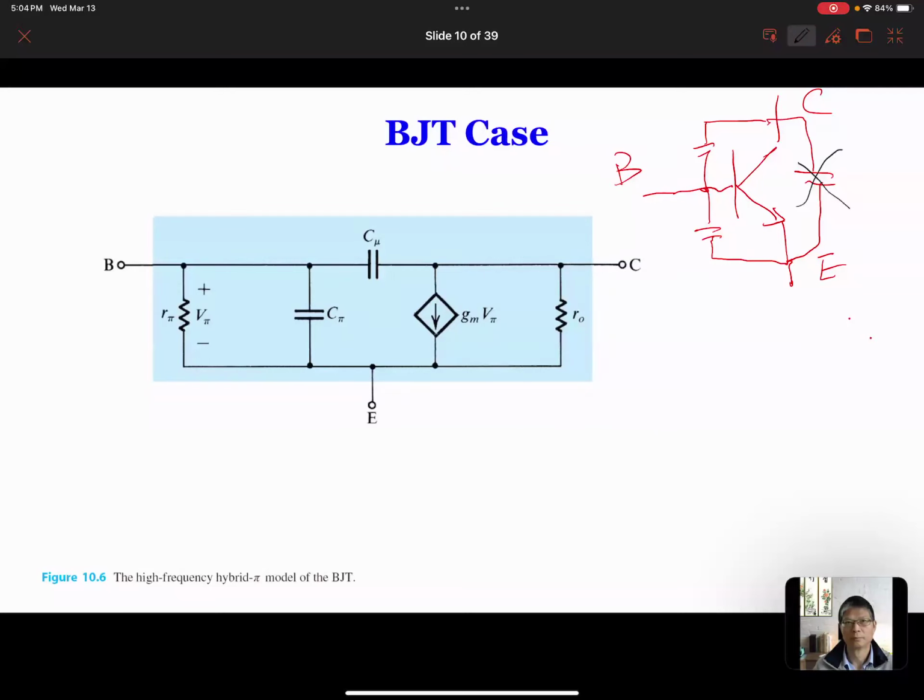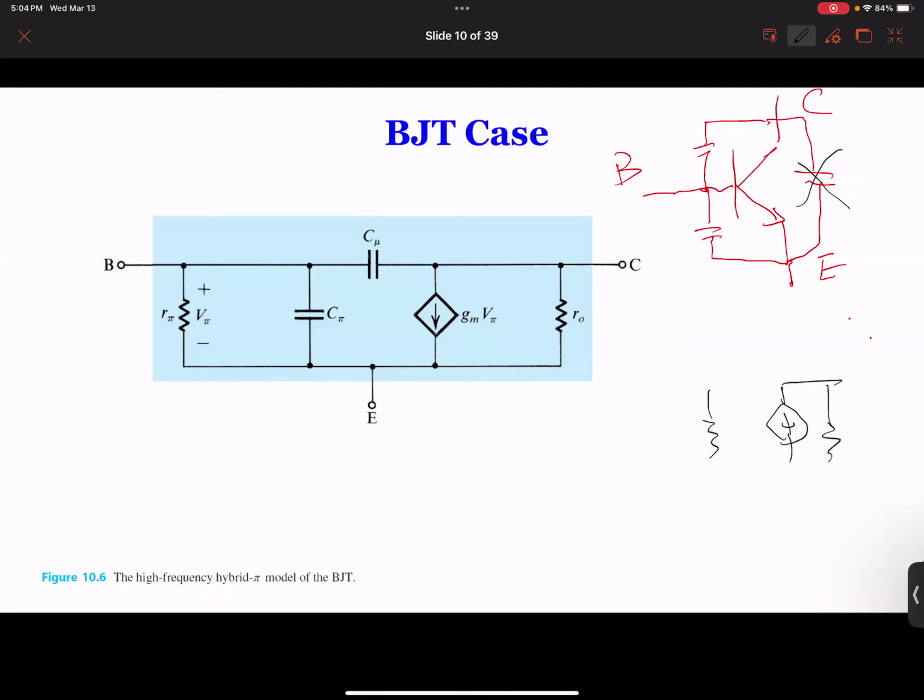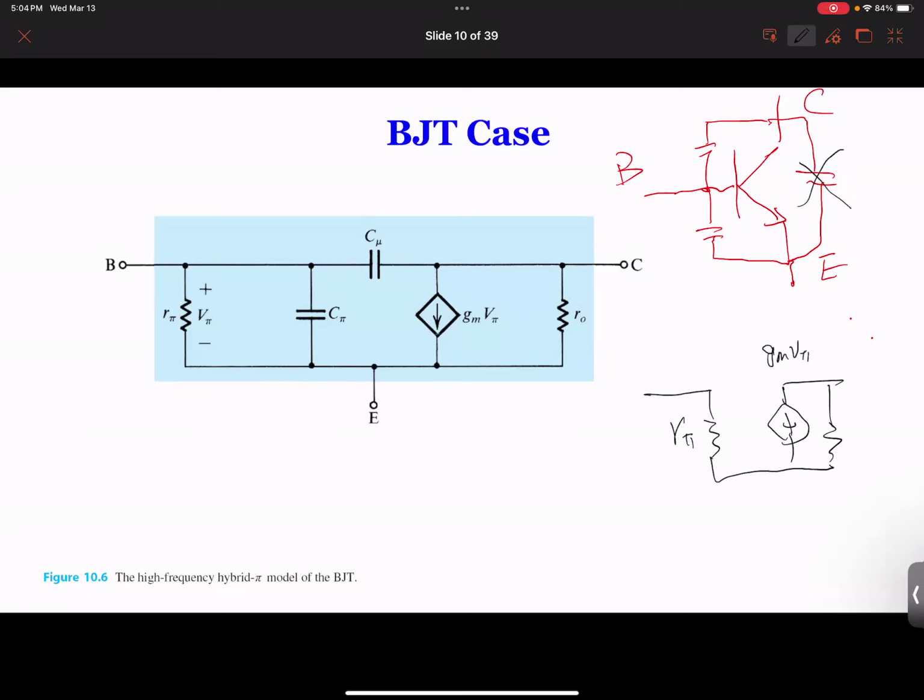So if we draw the small signal circuit of the BJT, the small signal has a pi model. With the pi model, we have R pi, and then we have GM times V pi at the output, and then we have this RO for the circuit, and this is your emitter, this is your collector, this is your base. So this is the BJT model without the parasitic capacitance.